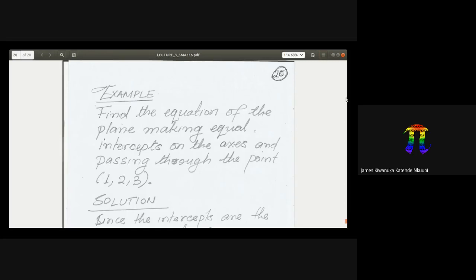So when we say it makes equal intercepts on the axes, it means if the intercept on the x-axis is A, the intercept on the y-axis will also be A, and the one on the z-axis will also be A. So the points you are looking for here will be (A, 0, 0), (0, A, 0) on the y-axis, and (0, 0, A) on the z-axis. Those are the intercepts. So you can use the intercept form to solve this problem.